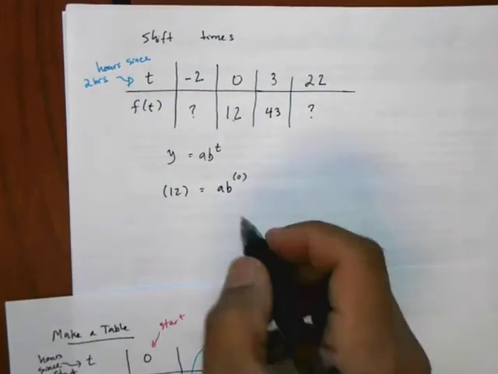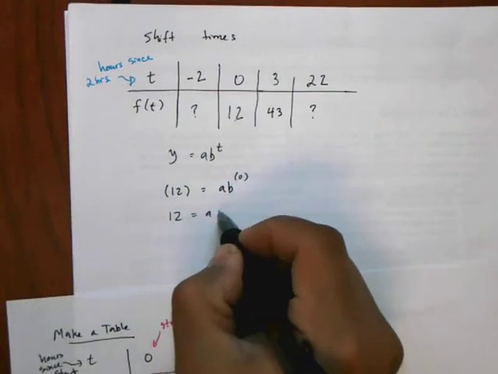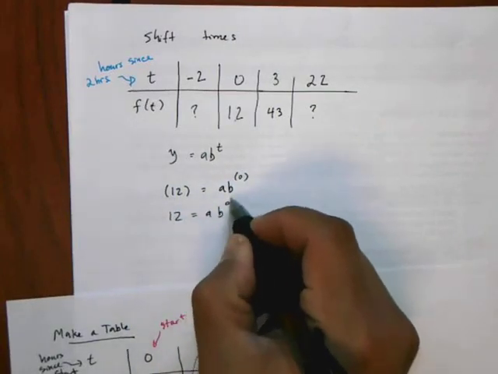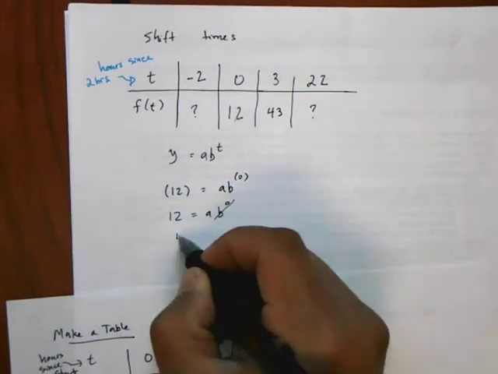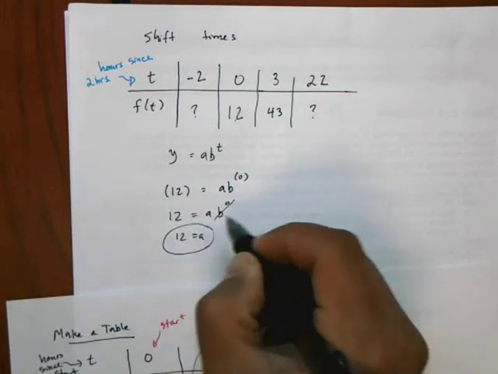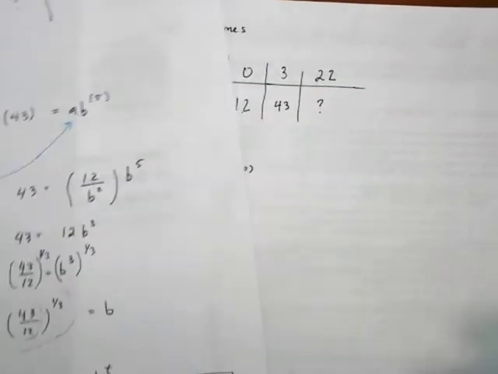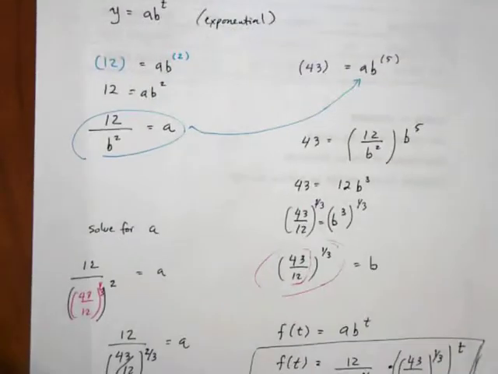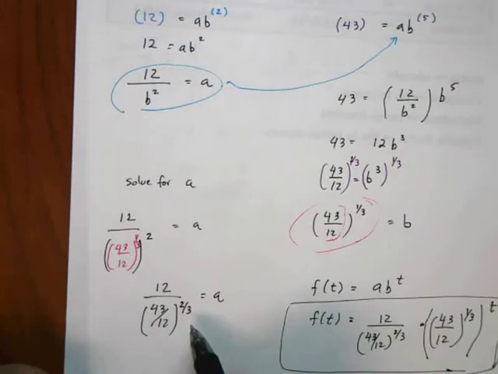And we can solve this much easier. 12 equals a b to the 0th, which is just 1. So 12 equals a. And you can already see that a in our new equation is much simpler than what it looked like before. Okay.